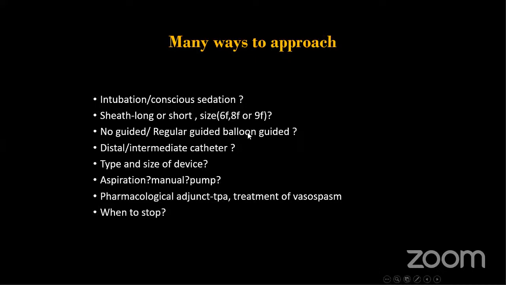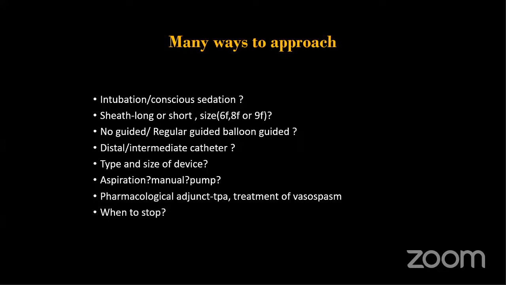Then would you use a non-guided or a guided catheter? Regular guiding or balloon guide catheter? Would you use a distal or intermediate catheter, or just a simple microcatheter plus stent retriever and balloon guide catheter? It depends on the type and size of devices. There are many stent retrievers in the field.